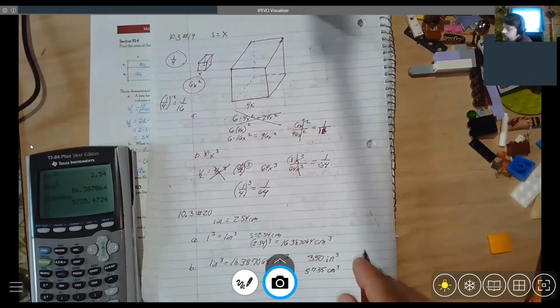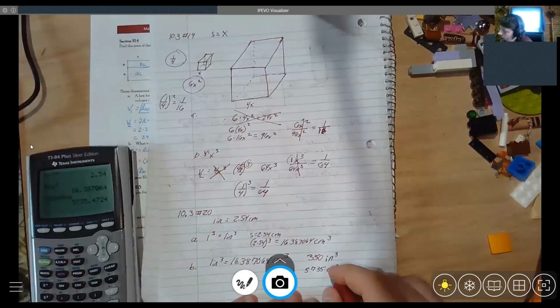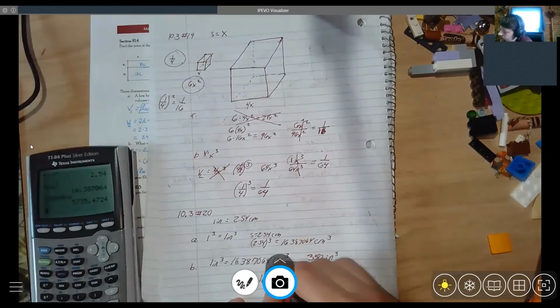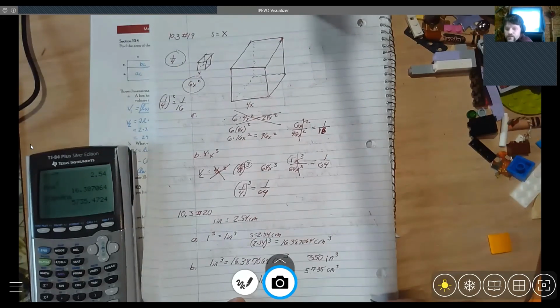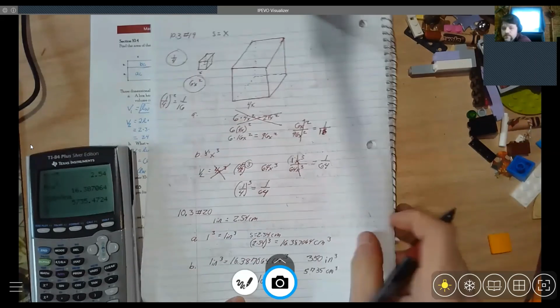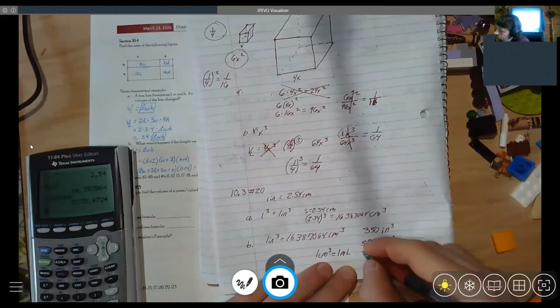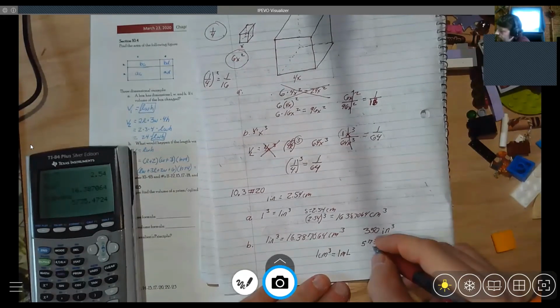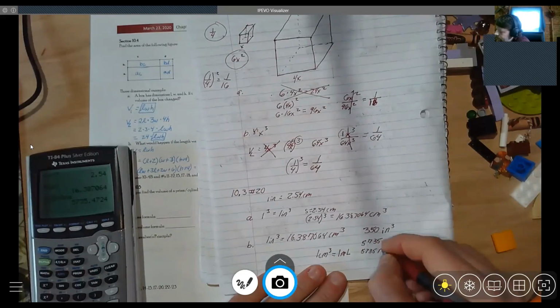If you know your metric system, you know that 1 cubic centimeter is equal to 1 milliliter. Maybe you can see that. Okay, so 5,735 cubic centimeters is equal to 5,735 milliliters.